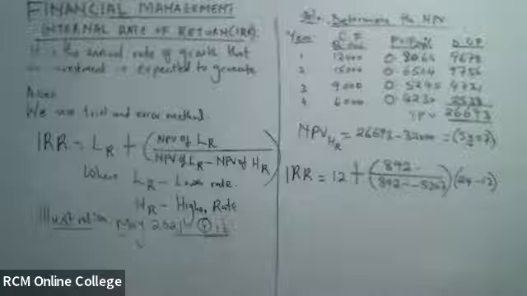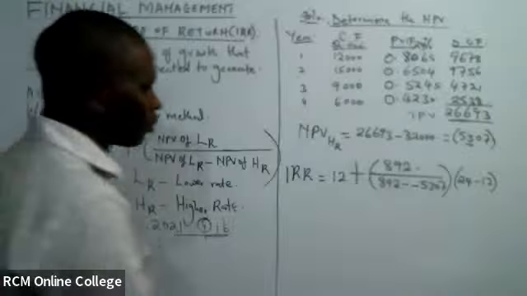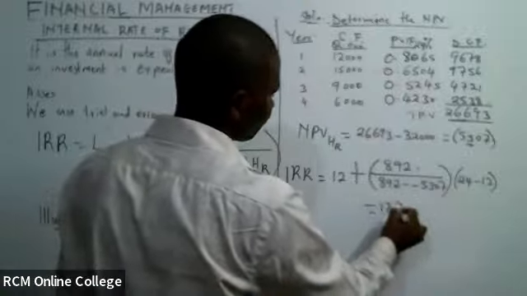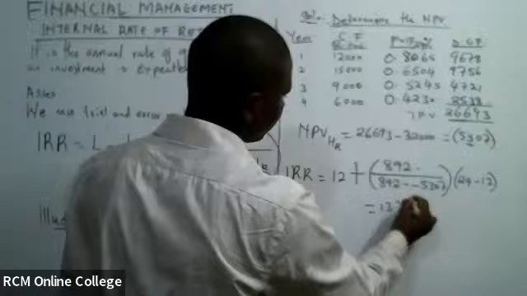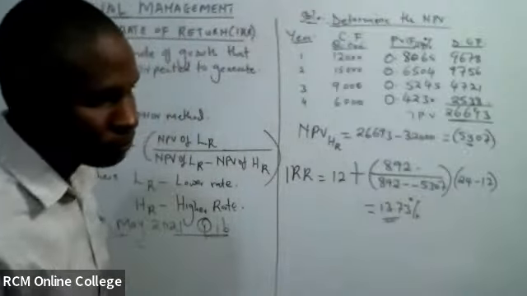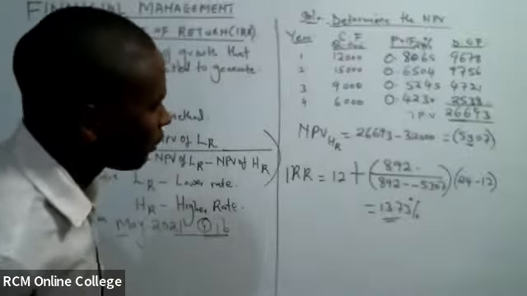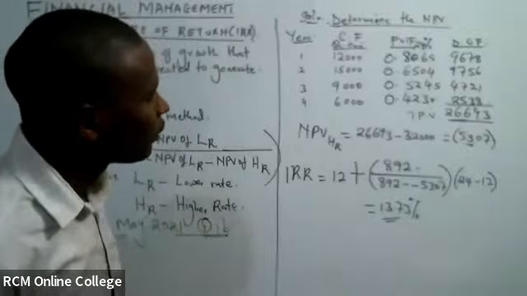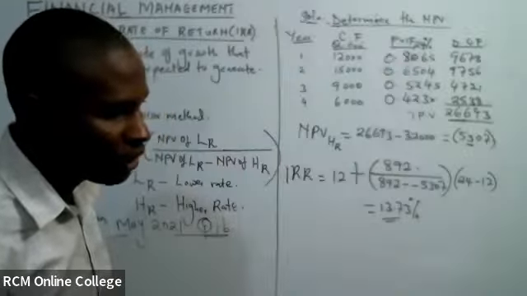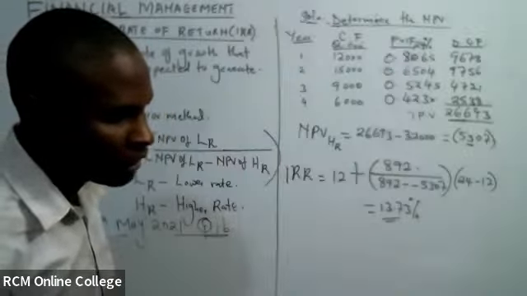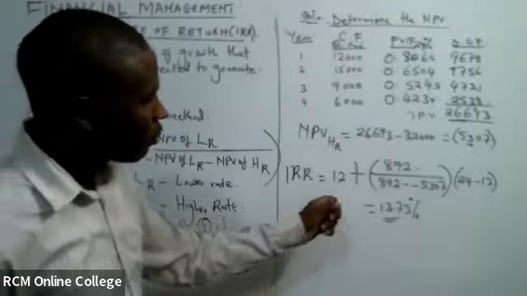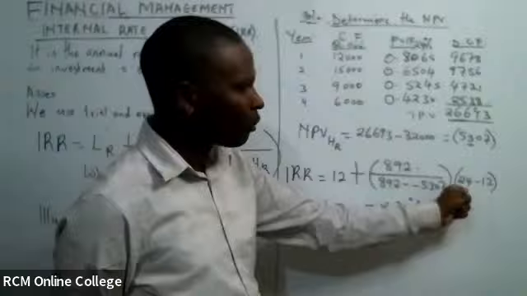Now we have that. People are getting 13.73. I hope kila mtu ameweza kupata hiyo. Niko na swali. Second bracket we multiply ama add? Hapa unaongeza, hapa una multiply.